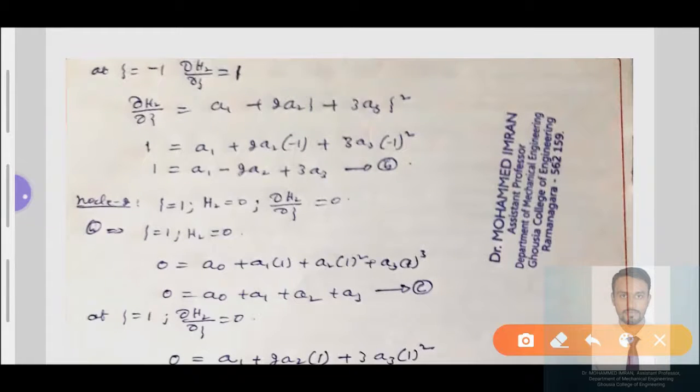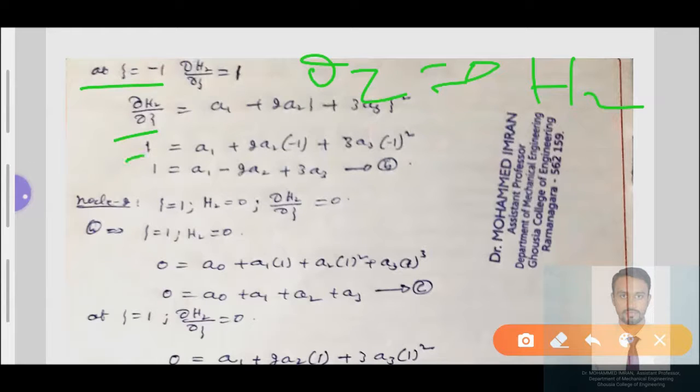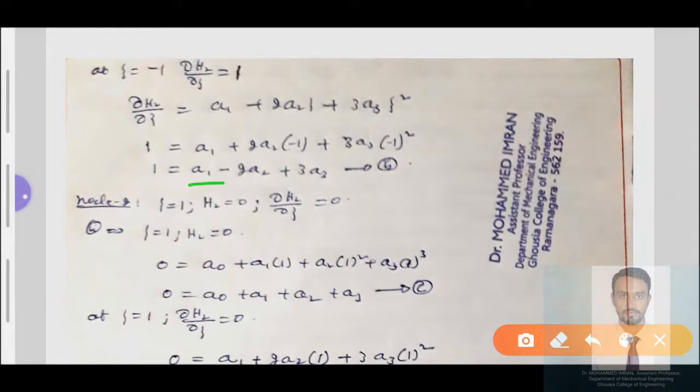After differentiating equation number 4, apply the boundary condition at zeta equal to minus 1, where dou h2 divided by dou zeta is equal to 1, which depends upon the theta 1 value with respect to the Hermite shape function h2. Then this value is equal to 1: A1, 2A2 times minus 1, 3A3 times minus 1 whole square. Rearranging, A1 minus 2A2 plus 3A3 equals 1. Call it equation number B.